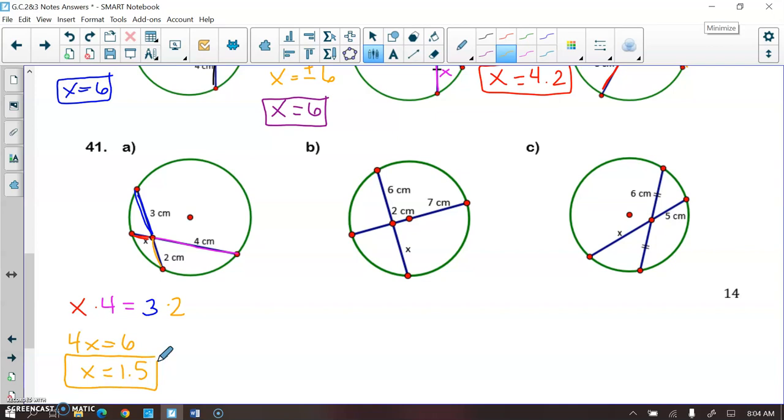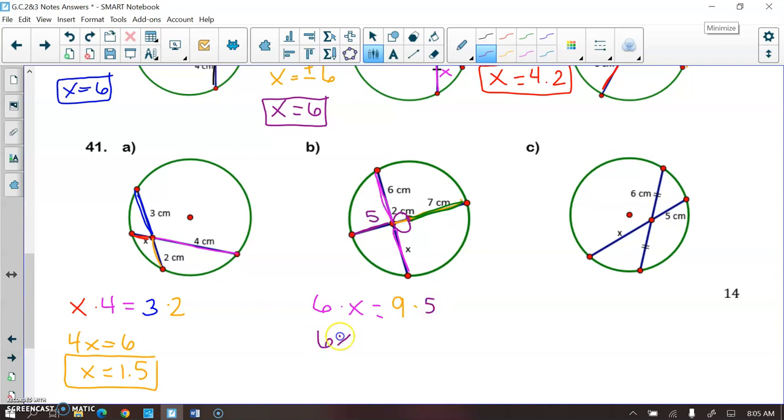Next one. I have, this is 6 times x is equal to 7 plus 2 is 9 times, we don't know the other portion, but if my radius is 7, then this other portion is going to be 7 minus this little 2, because that would be the radius, so it would be 5.